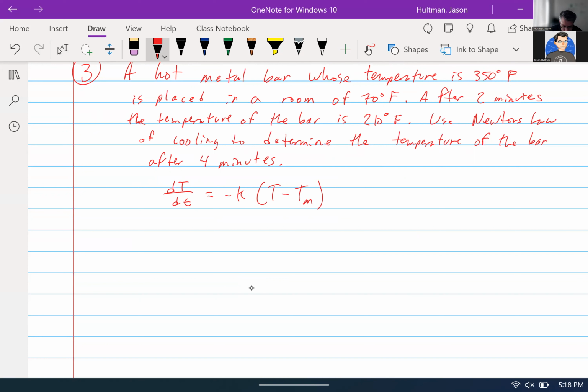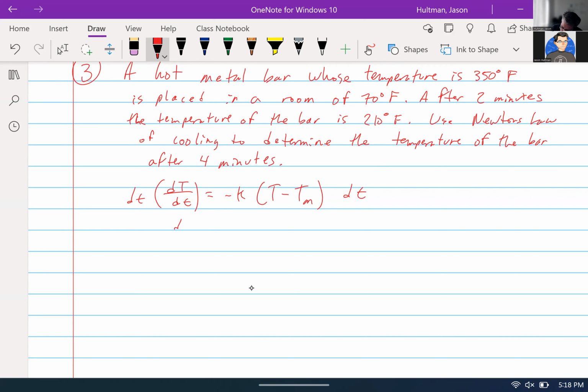Let's see if we can solve this by using a separable differential equation. Let's put everything that involves a capital T on one side and everything that involves a lowercase t on the other side. Well, there are no lowercase t's in my function, so I am going to just multiply both sides by dt.